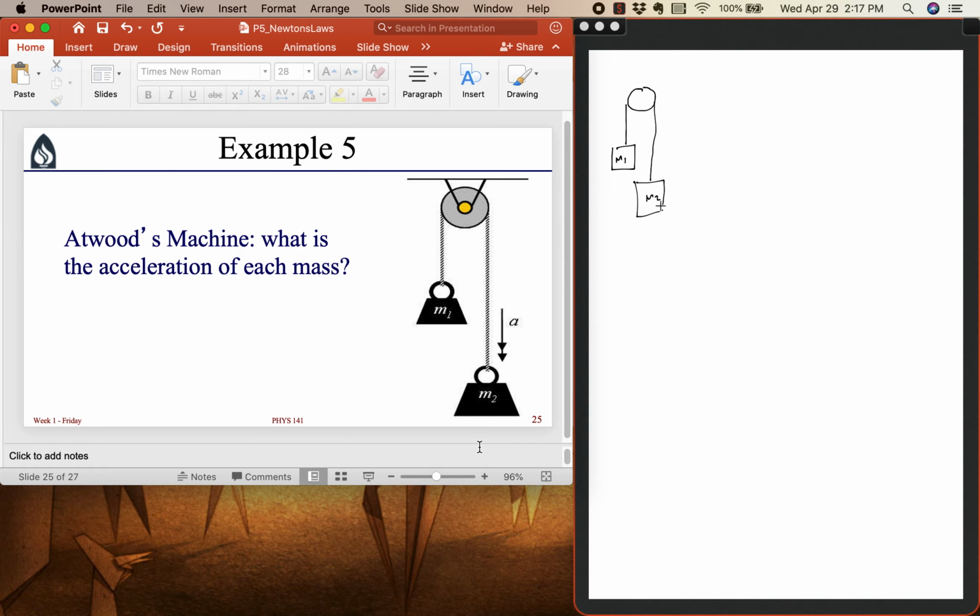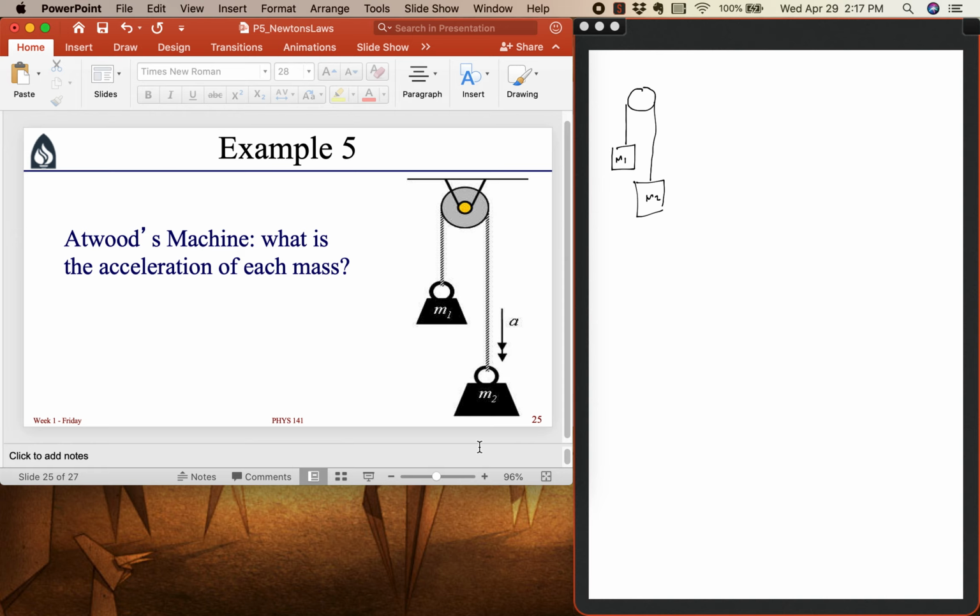And it appears that M2 is bigger than M1. It's more massive. So when we have two masses that are attached to each other, they're going to accelerate at the same rate because they're on the same string. If one is accelerating, the other one has to accelerate at the same rate. And so the acceleration of one will be the same as the acceleration of the other.